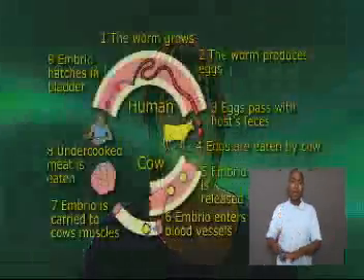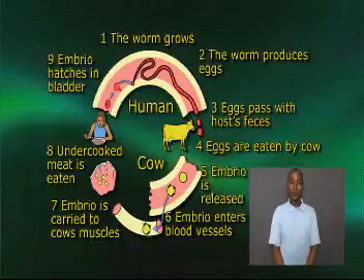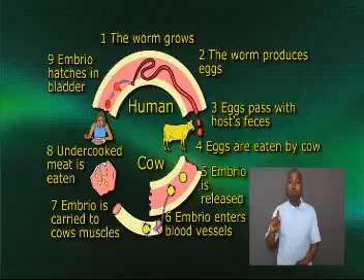The proglottids are the sections of the tapeworm that remain attached to each other for a long period of time. The oldest proglottids are the furthest away from the worm's head.